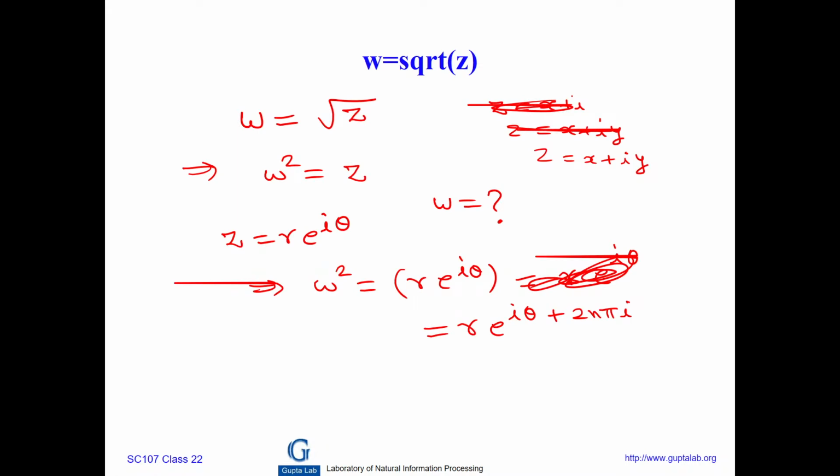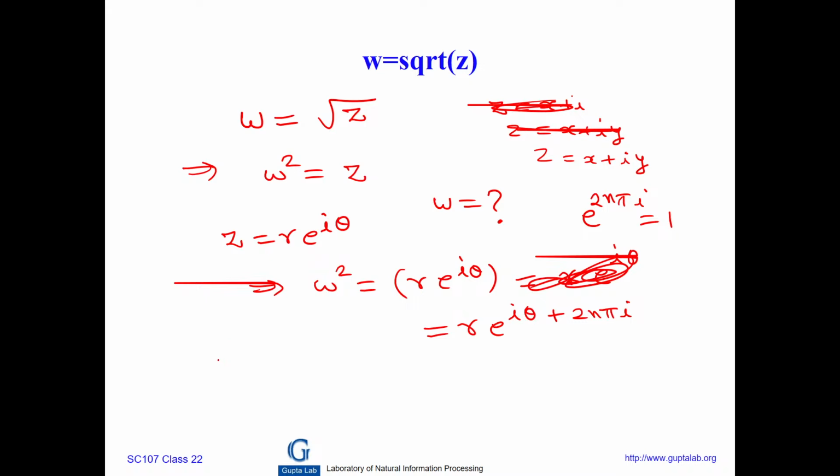What is the value of e raised to power 2n pi i? By Euler's theorem, it is cos 2n pi plus i times sin 2n pi, right? And that value is 1. Since e raised to power 2n pi i is 1, I can add this, right? Fine.